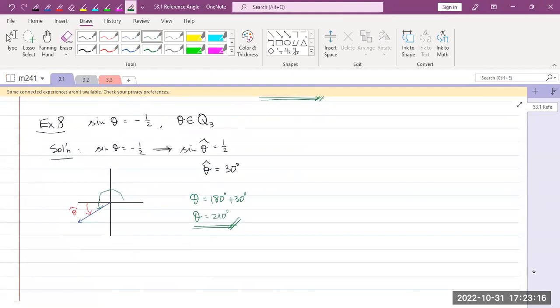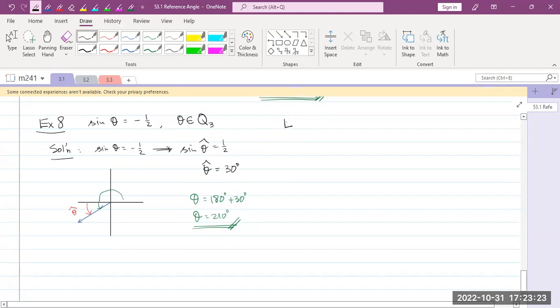Now, what happens if we deal with, for example, secant, cosecant, cotangent? Let's say example 9, we have secant theta equals to 3.8637, where the theta is in quadrant 4. Always deal with the reference angle first. So secant theta equals to 3.8637.